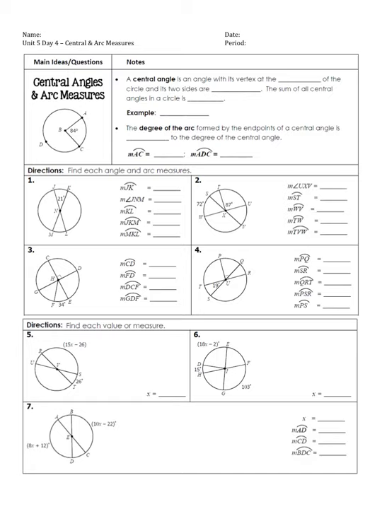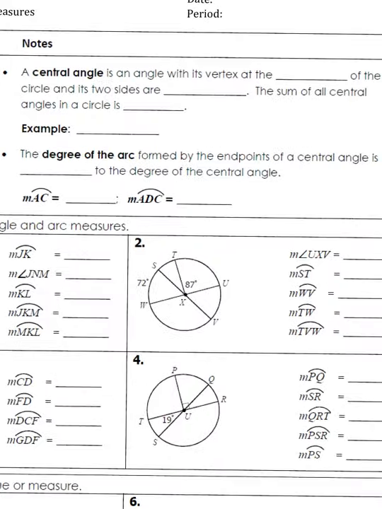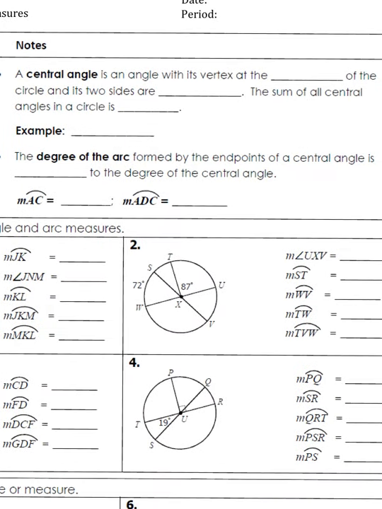So a central angle is an angle with its vertex at the center of the circle. Okay, so the vertex is at the center of the circle, and its two sides are radii, which is just the plural of radius.